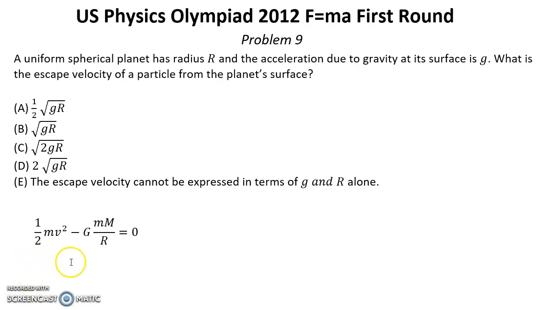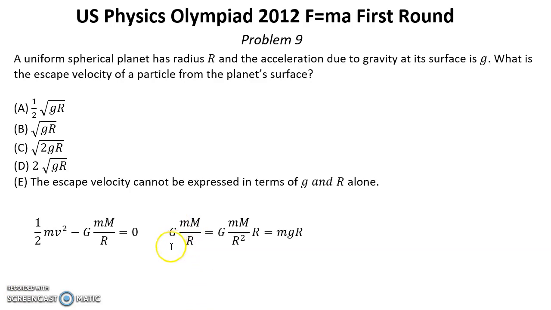Right on the surface of this planet we have total energy equal to kinetic energy plus potential energy, which is negative G M m over r, where r is the radius of this planet. Let's express this through g.